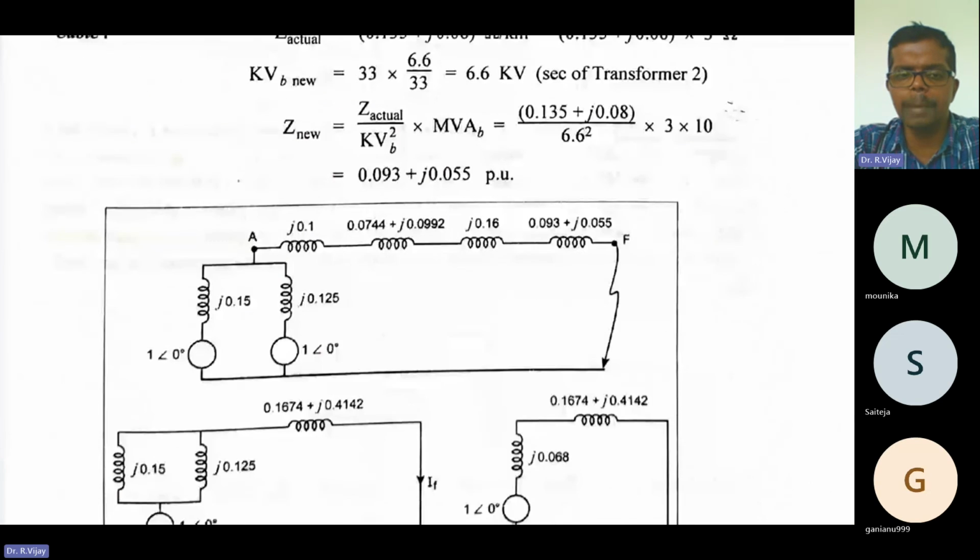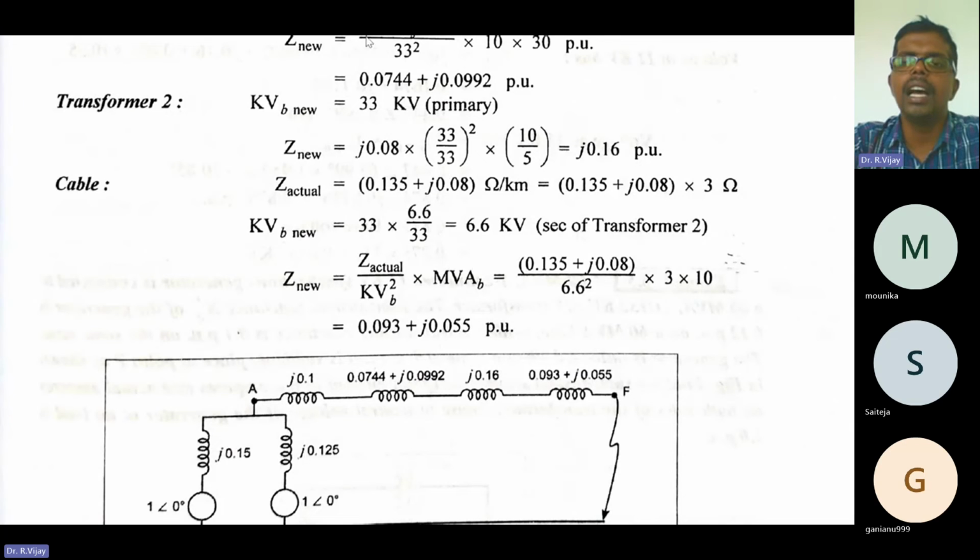The same thing as we did for the overhead line: Z actual is 0.135 plus j into 0.08 ohm per kilometer, given in the problem, and the cable is 3 kilometers long. To convert that into ohms, you need to multiply by the kilometers given, which is 3 kilometers. So just simplify with your scientific calculator.